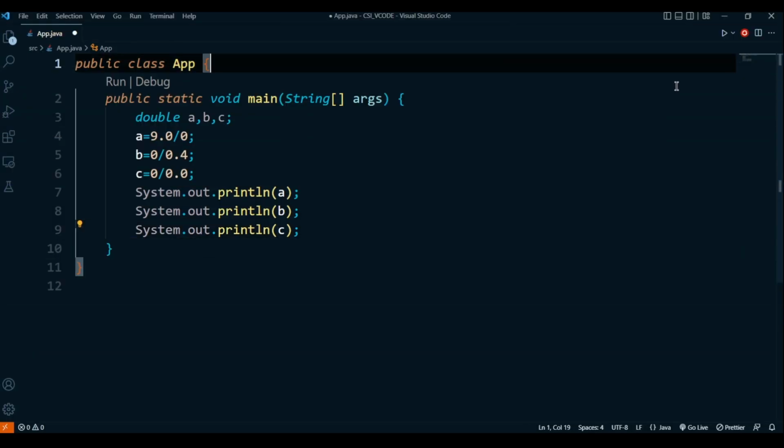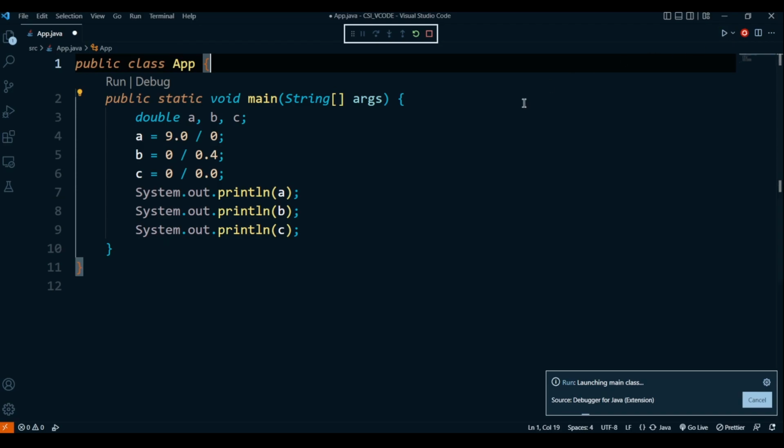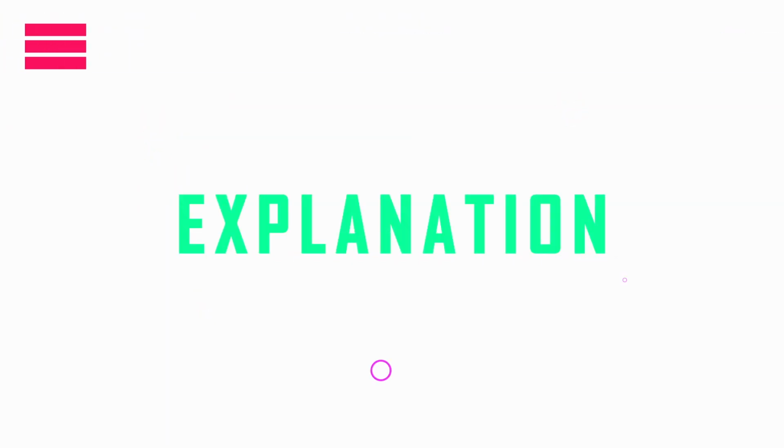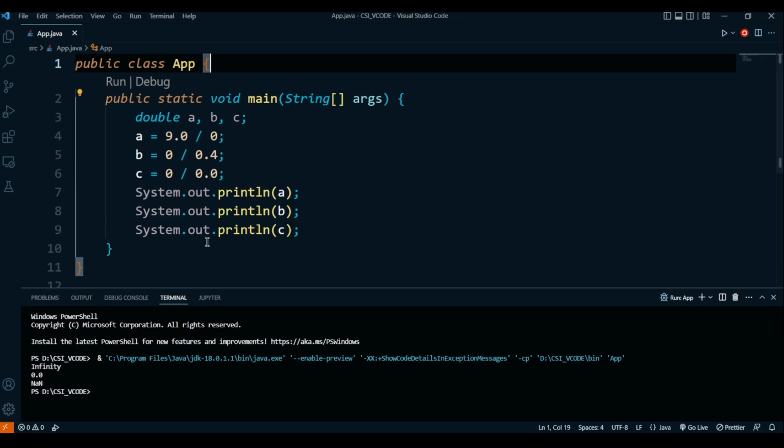So if we take a look at our output, let's see what we get. As we all know, any number divided by 0 is infinity. We do not know whether it is positive infinity or negative infinity, but it is infinite.